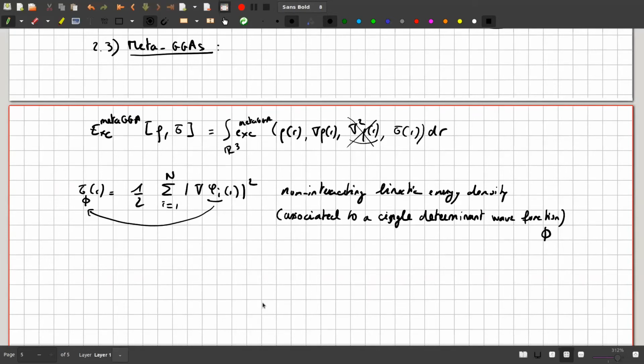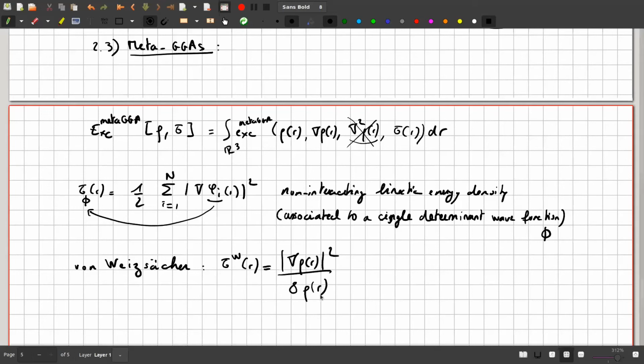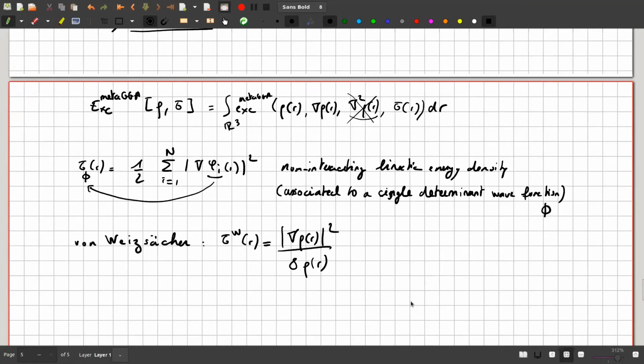You do that by comparing the tau of your real system with the so-called von Weizsäcker kinetic energy density, tau_W of r, which is the gradient of the density squared divided by 8 times rho of r. This is the von Weizsäcker kinetic energy expression.